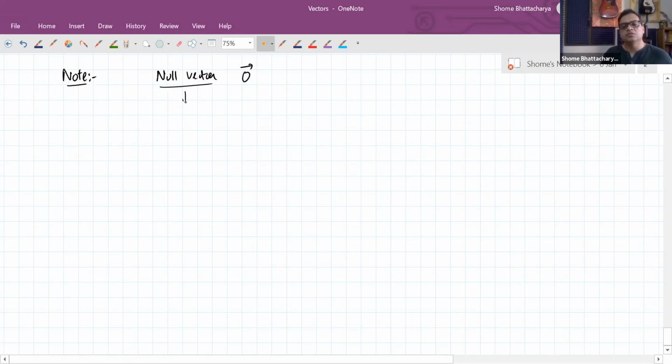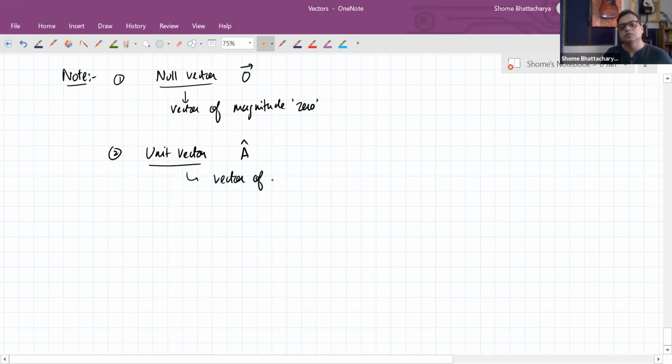A null vector is a vector of magnitude 0. Unit vector we've already talked about. A unit vector is represented by a symbol like this. It is a vector of magnitude unity, or 1.